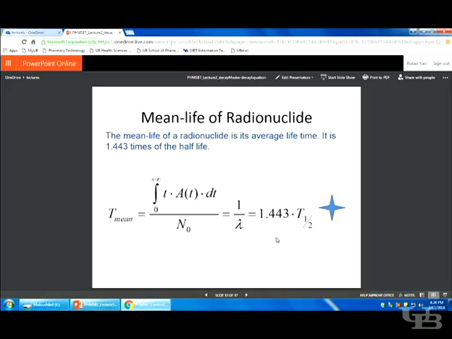Here is an exercise for calculating the average life, or T mean.